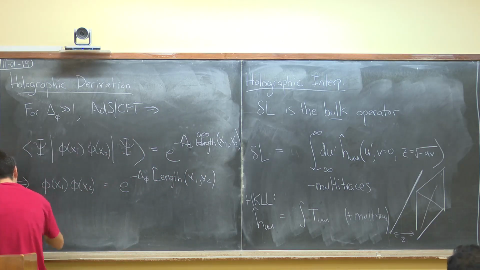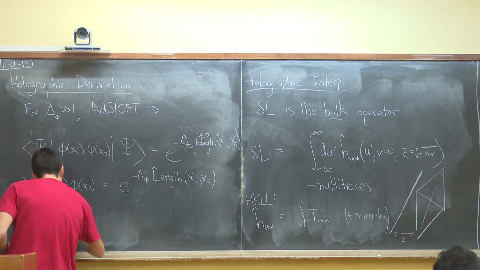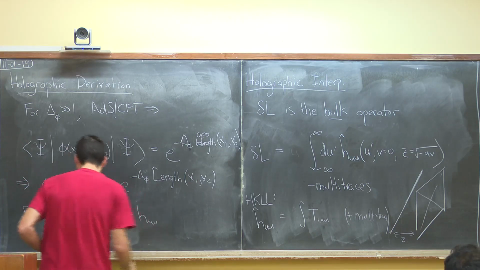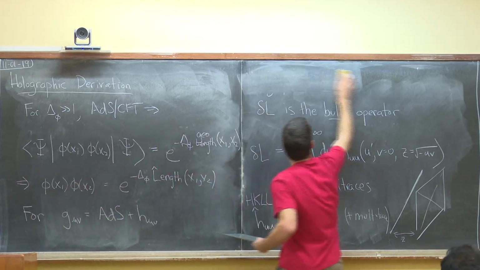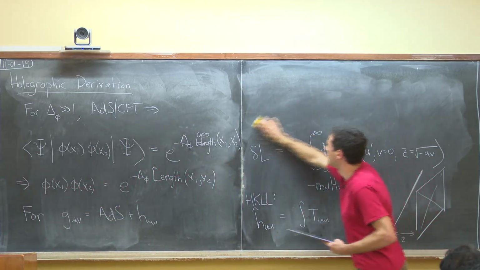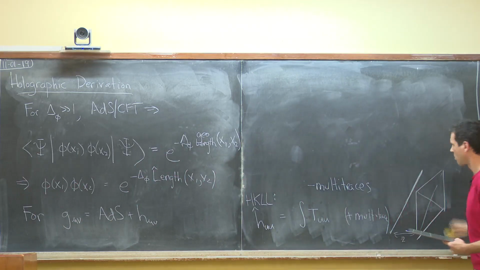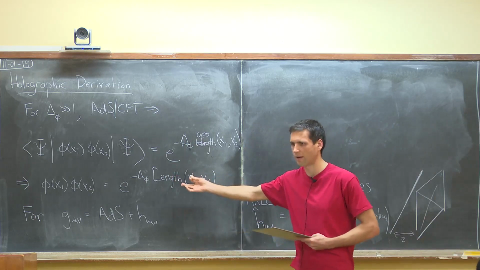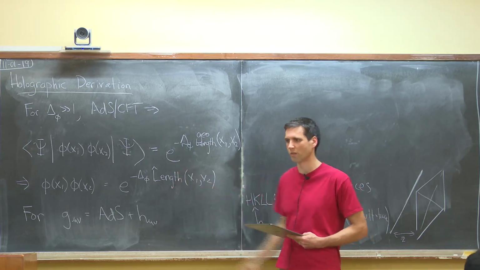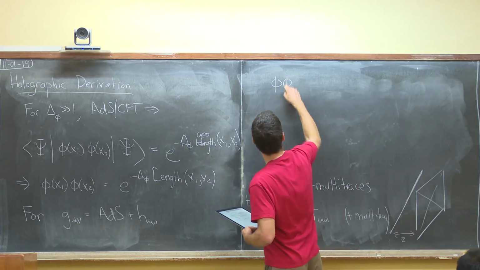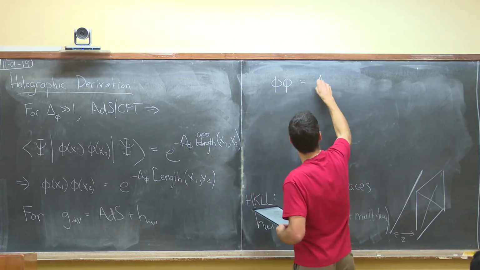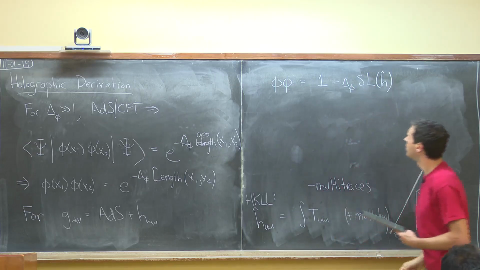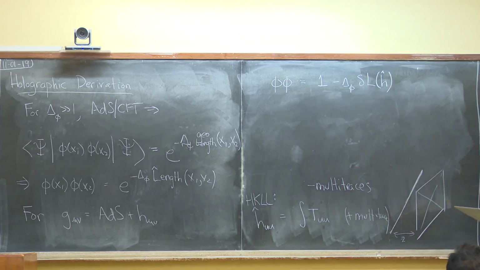And if you're in a state that's near the vacuum, so g mu nu is AdS plus h mu nu, then you can just expand out this length and calculate the length to linearized order in the bulk metric, and you find phi phi is equal to 1 minus delta phi times the perturbative correction, the linearized length operator.